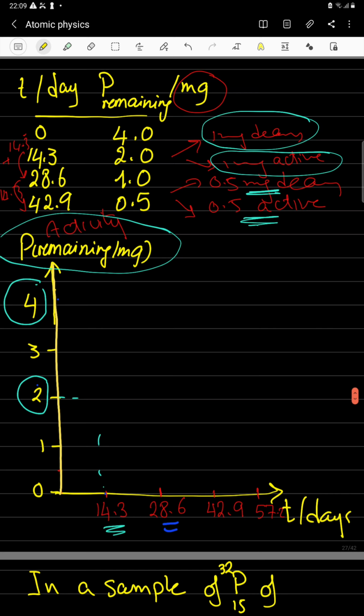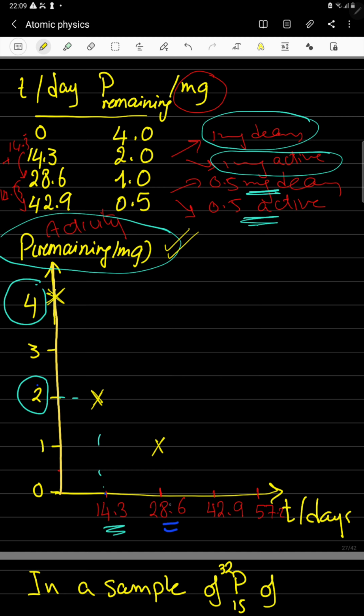Now, if I want to plot a graph for the activity of the phosphorus, or the remaining phosphorus in my sample, at 0 days I had 4 milligrams of phosphorus. After 14.3 days, this is going to become 2 milligrams. After another 14.3 days, that is 28.6 days, I have only 1 milligram of remaining phosphorus.